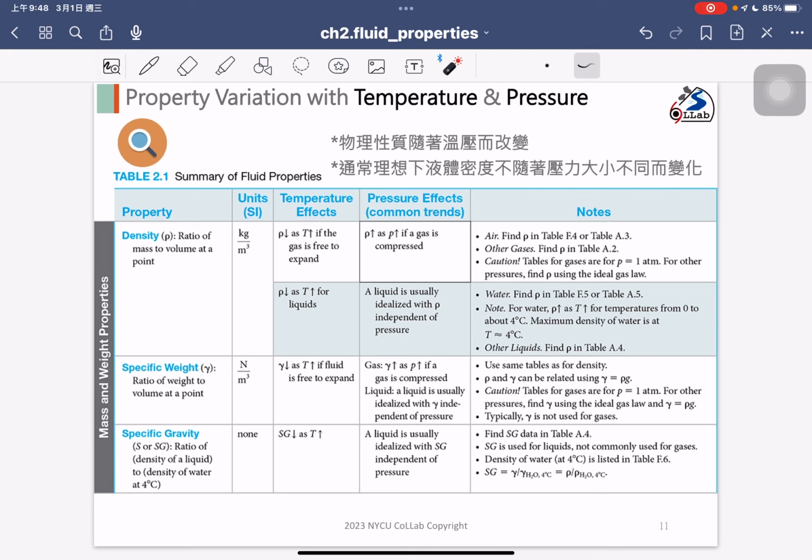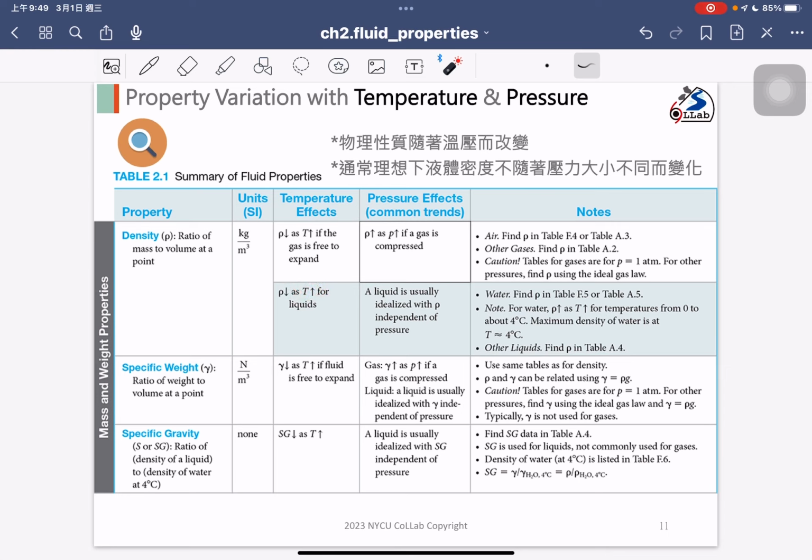So even though you didn't buy the textbook, you still have the tables and figures on the E3 system. Okay, for the temperature effect, when the temperature increases, the density decreases. This is for the gas. But for the liquid, there is the same response. The temperature increases and the density decreases.